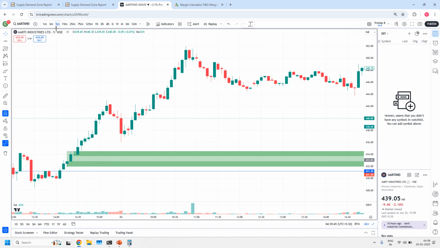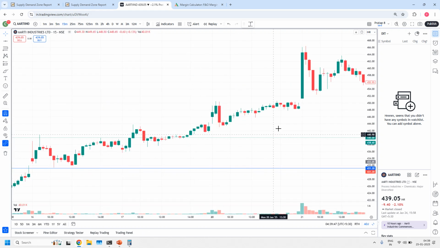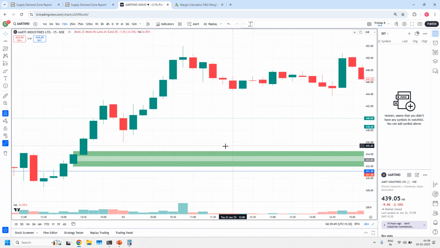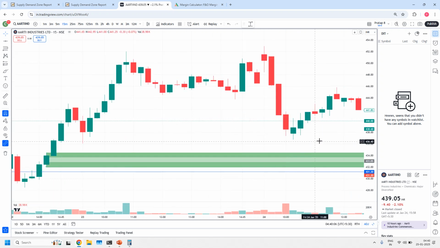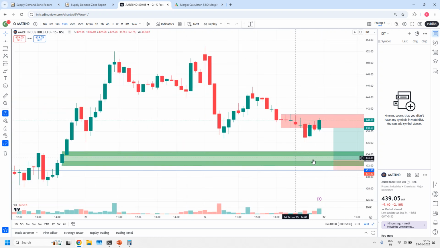Forget about 5 minutes. Our zone is, let's say, 15 minutes. The 15-minute zone is not sluggish. Rally, base, rally, you have a follow through candle. So zone strength is very excellent when you have follow through candles. So this is a very good zone supporting the bullish trade setup.